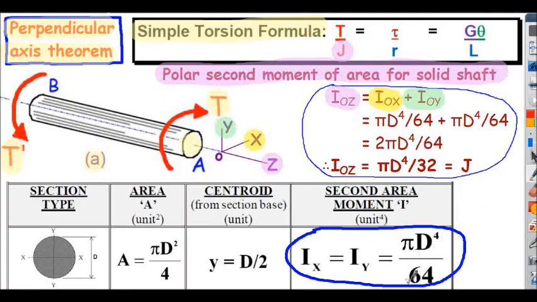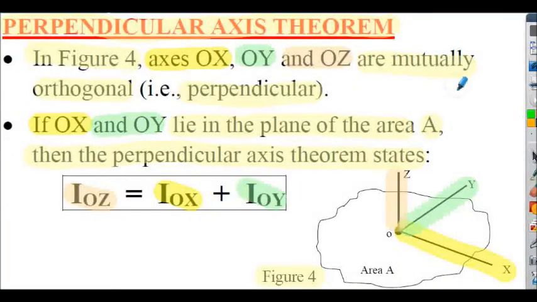They're both pi d to the 4 divided by 64. So inserting these values into the perpendicular axis theorem, adding the two terms on the right hand side together, we find that the IOZ is pi d to the 4 divided by 32. And that is the value of J we use in the simple torsion formula for a solid circular section shaft. So that's just one illustration of how the perpendicular axis theorem can be used. We'll make use of this theorem in a later exercise.